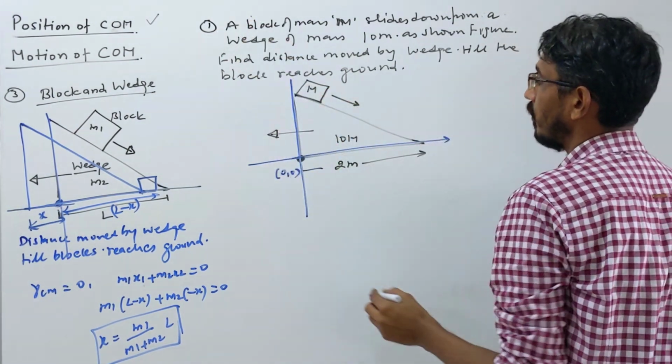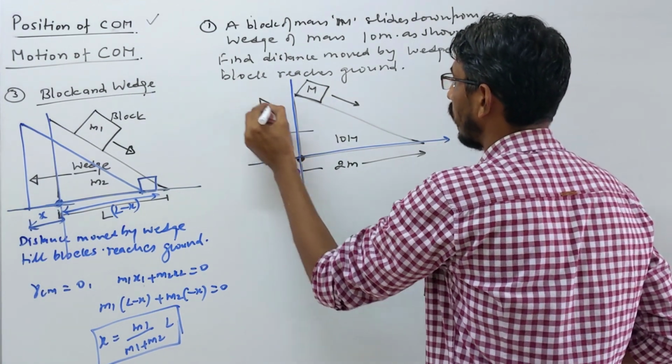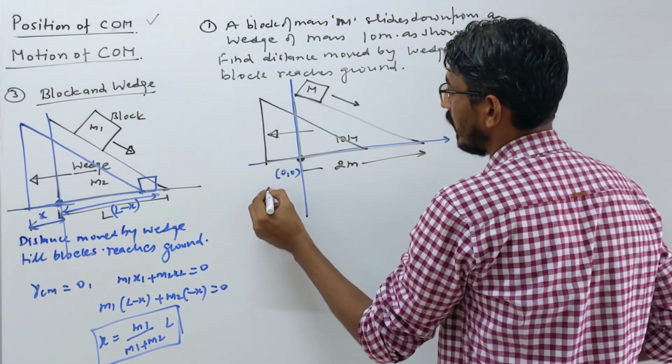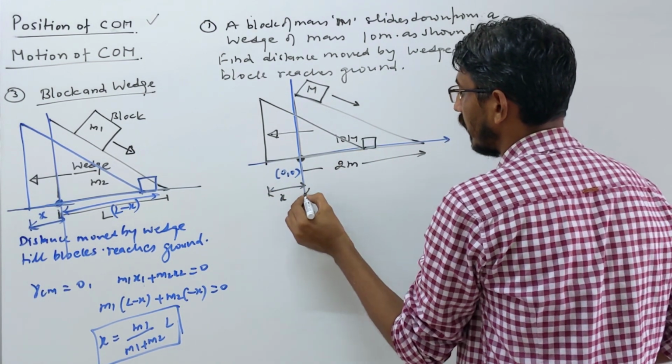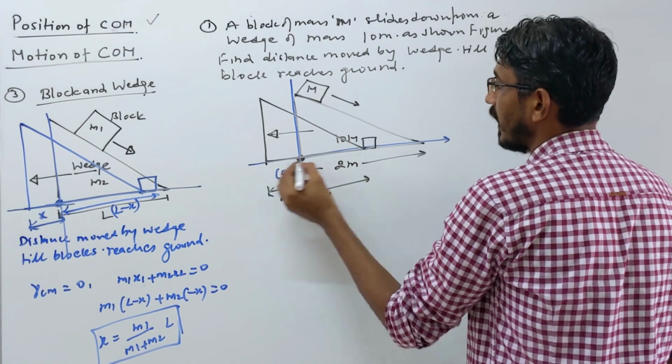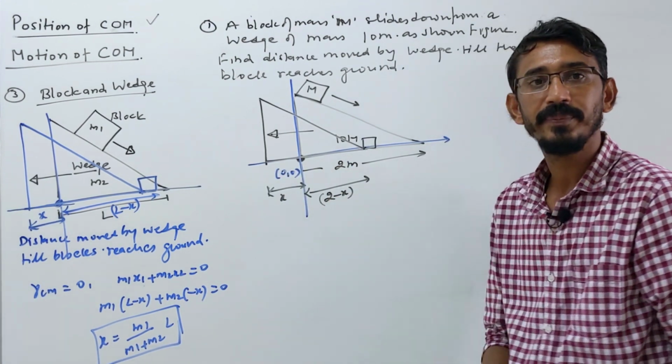When the block comes down, the new position will look that way. Your wedge will come to this point. That distance we call x, so the block will be at L minus x, or 2 minus x, whatever.